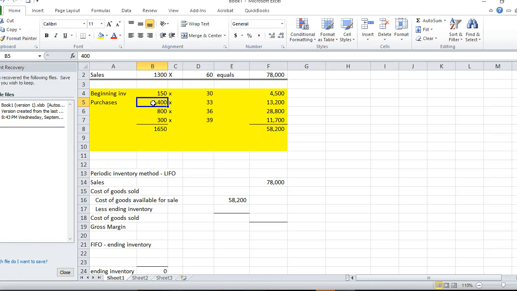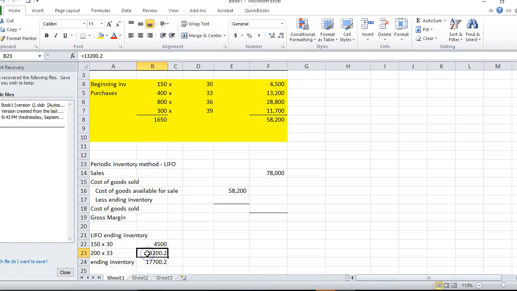So doesn't that mean our ending inventory using LIFO, wouldn't that mean we have 150 units at $30 a unit, or $4,500, and we have 200 units at $33 a unit, or $6,600.